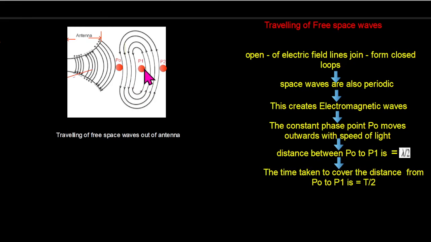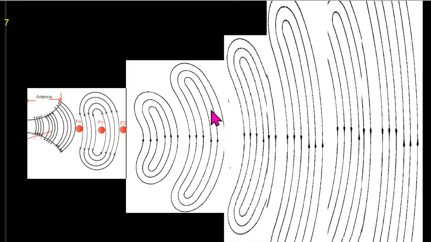In the full time period, it reaches the point P2. So from P0 to P2, it travels a distance of lambda, covered within the time T. Okay, and you will have this closed loop formation, and this spreads out further like this.